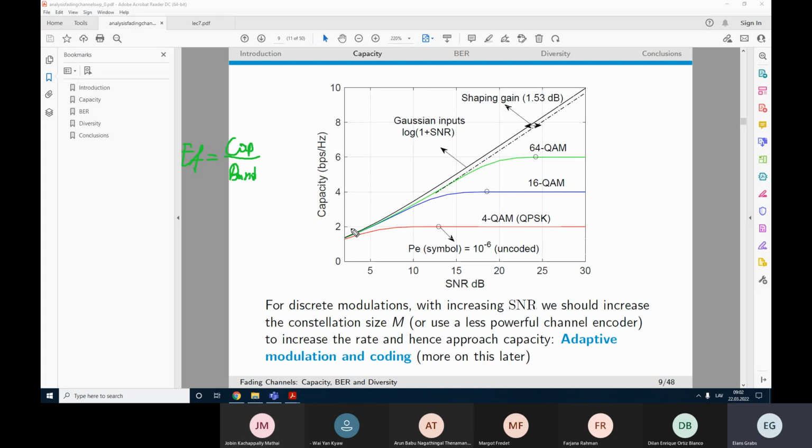For quadrature amplitude modulation 16 signals, the theoretical maximum number of bits sent by one symbol is 4. So we might send these 4 bits of information without errors, for quadrature amplitude modulation 16, starting from roughly 16 decibels of signal to noise ratio.